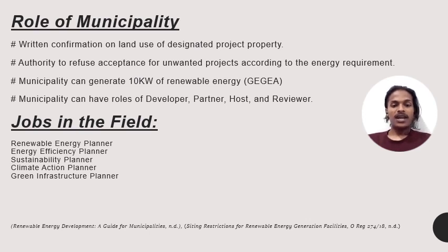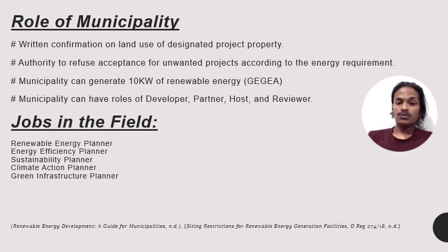Written confirmation on land use of designated project property. This means that a municipality should provide a written confirmation on the land use of the subjected property on which we are planning to start a new project. Without this clearance or confirmation from the municipality, we can't even move forward with this project.